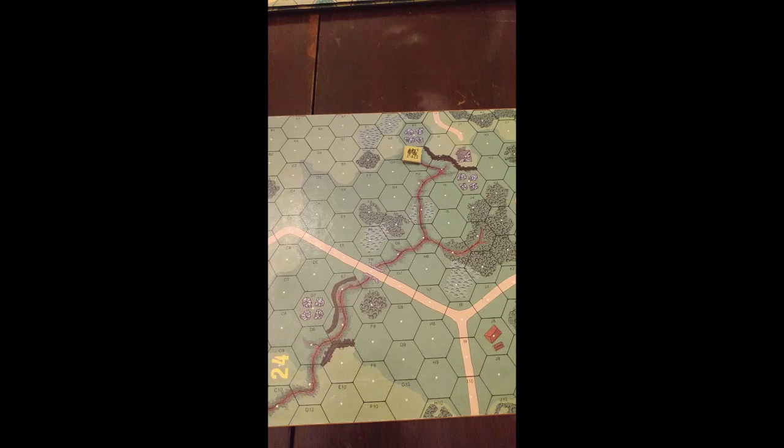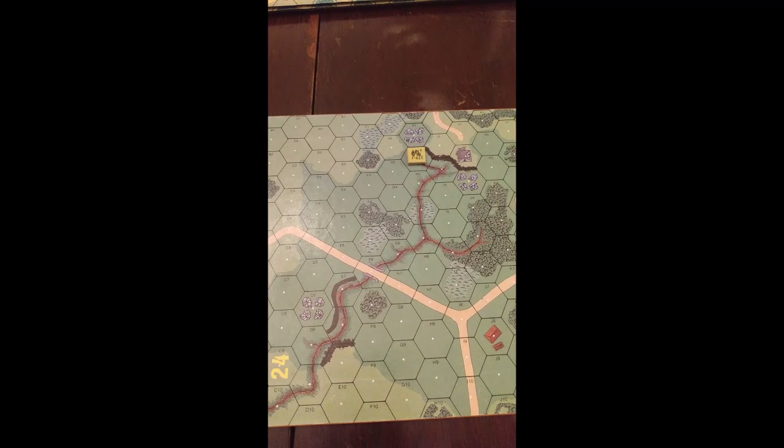We could move to G2, but that would be going up 2 levels. We're in a gully, so we'd have to go 2 hexes to get to the upper level of this hex, and then 2 more to go up. And that would be 4 movement factors.